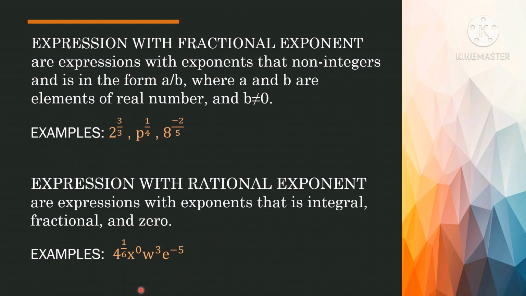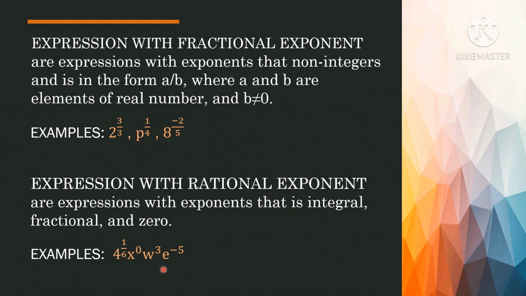With expression with rational exponent naman, ito na po yun. Expression with rational exponent. Ayan po yung isi-simplify natin. So, they are expressions with exponents that is integral, fractional, and zero. So, ang expression with rational exponent po ay combination po siya.